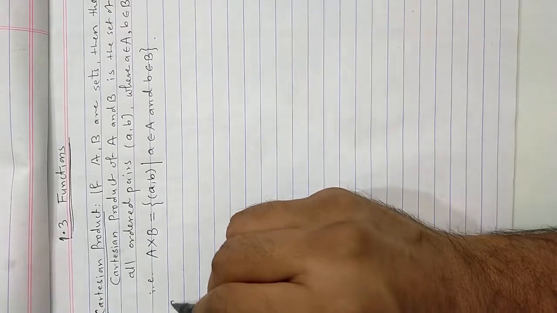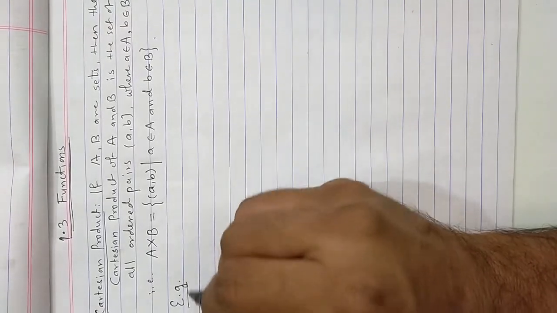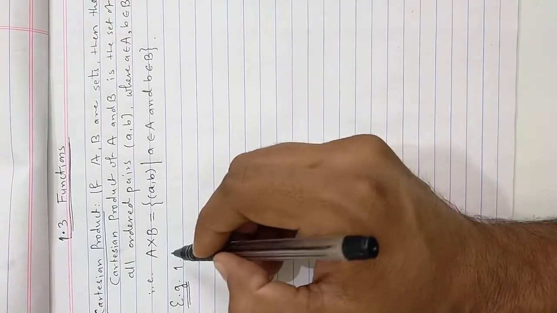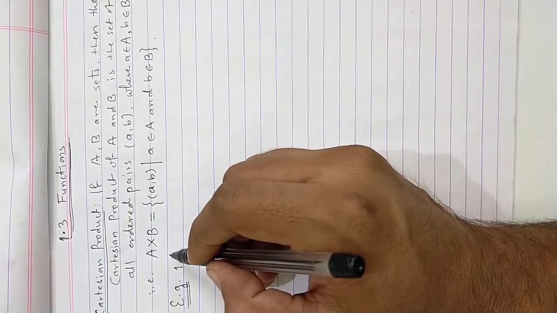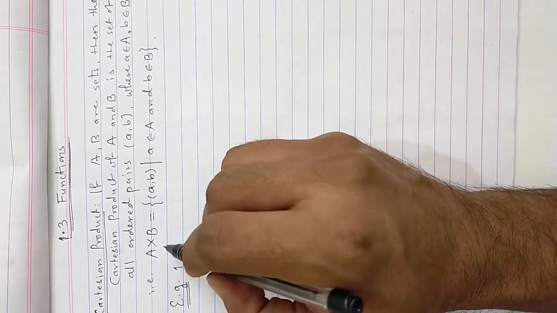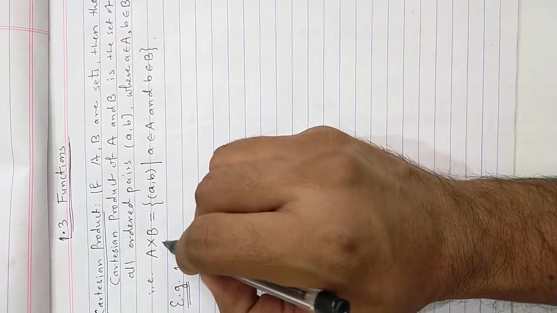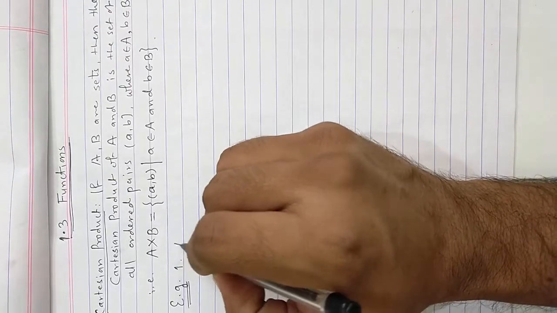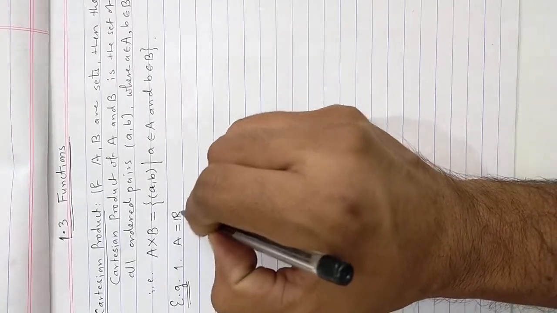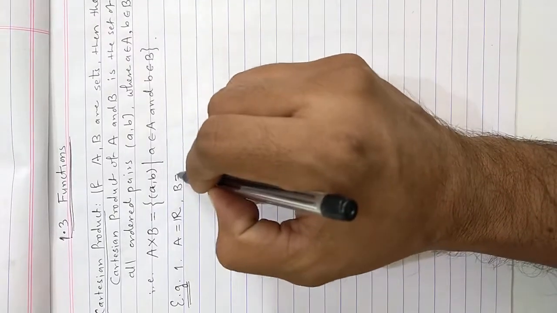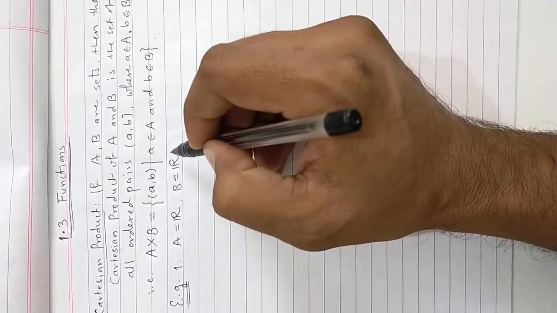So let us see some examples. Suppose we consider the set of real numbers. Let A be the set of real numbers, B be the set of real numbers.